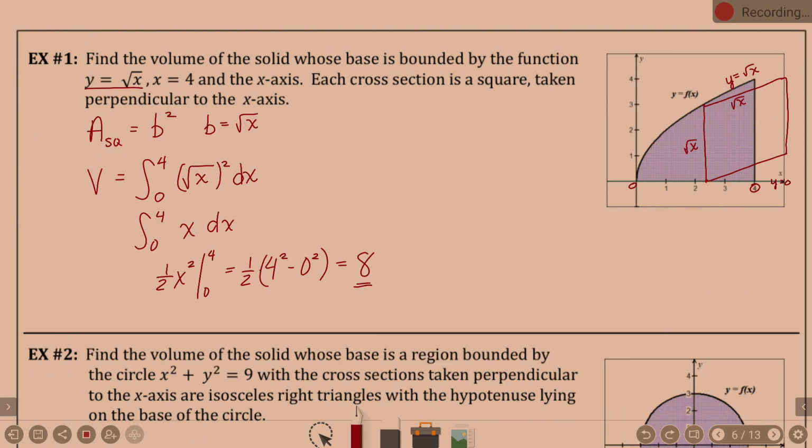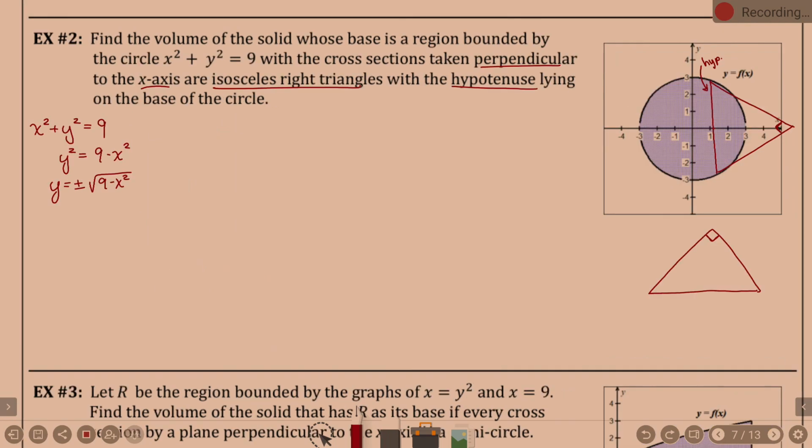So I'm going to use that more generically: going up from 0 to this curve is a distance of y, whatever the equation is. Down here, the distance from the x-axis to this is also a distance of y.